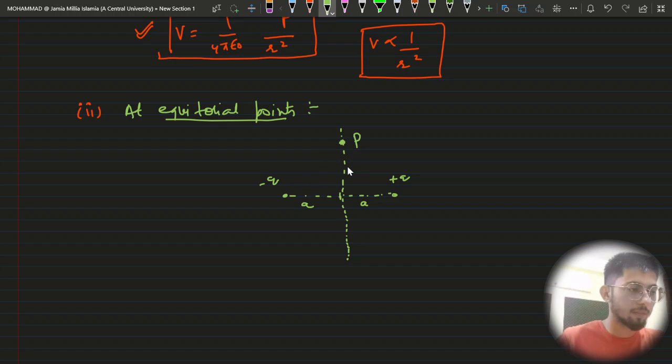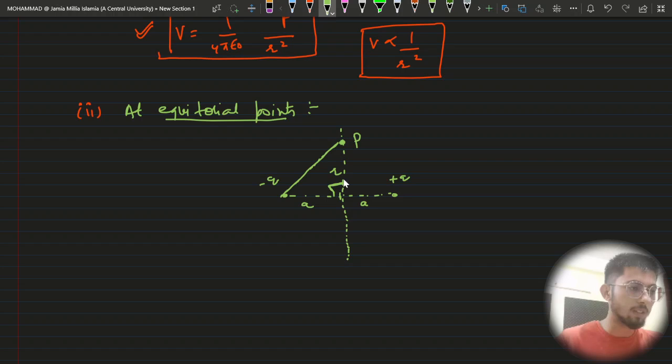Let the distance from O to P be r. This is 90 degrees, right?